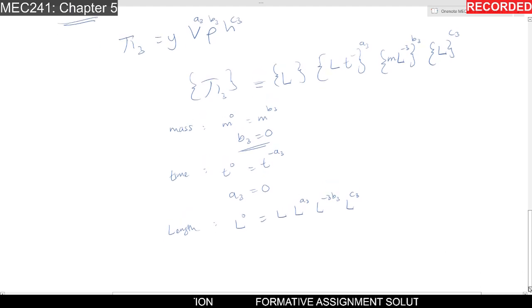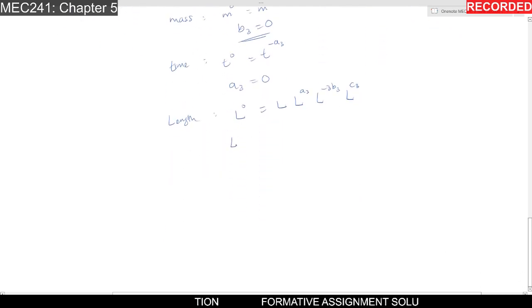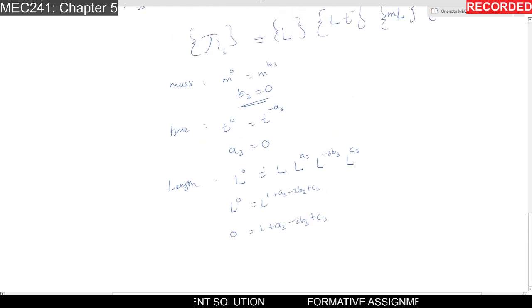And you will get 0 equals 1 plus A3 minus 3b3 plus c3. Okay, so right now we already know that b3 and a3 are 0, so we cancel off a and b, so you will get C3 is equal to minus 1.